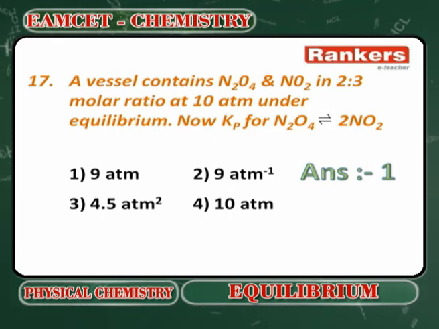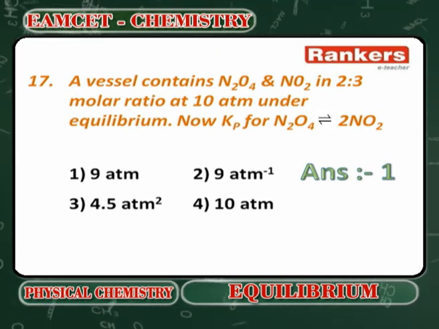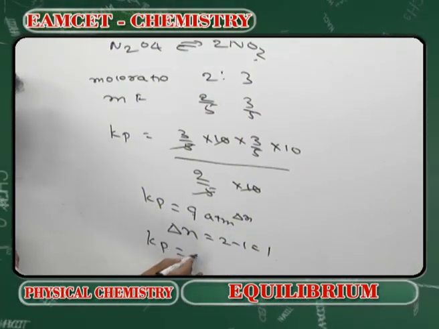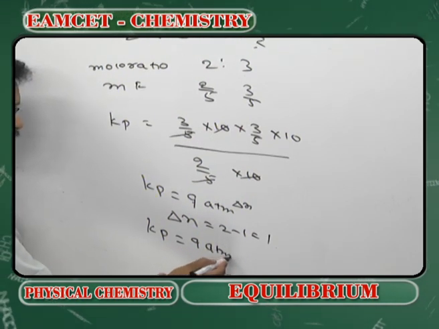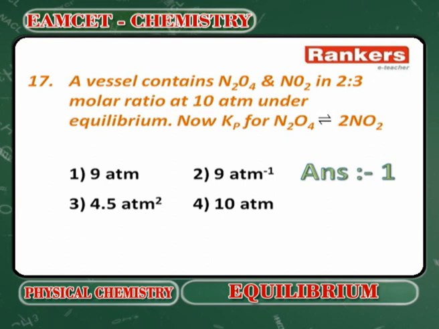What is the delta n value? 2 minus 1, which is 1. So Kp is equal to 9 atmospheres to the power of 1, not -1. So option 1 is the answer. Next.